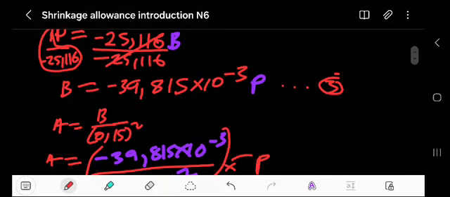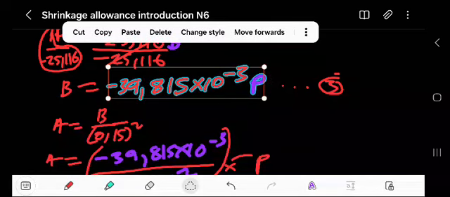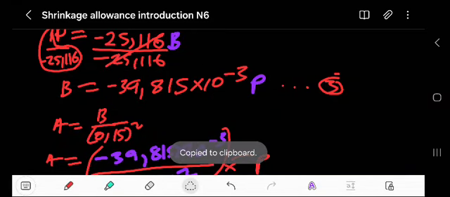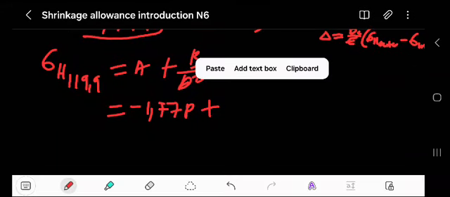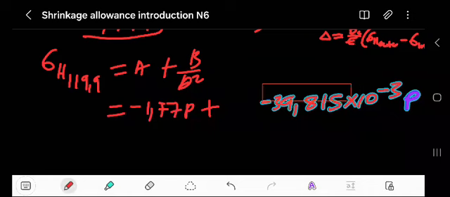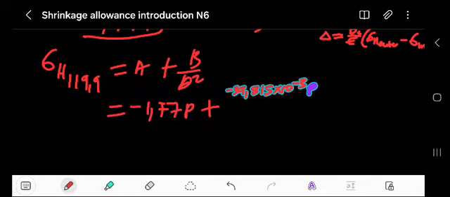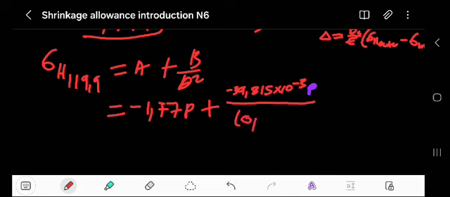B is all of this, guys. I can copy it on my screen like this, then plug it here. So this is the value of B, then this will be over, remember the diameter we're looking at would be 0.1199, then squared.